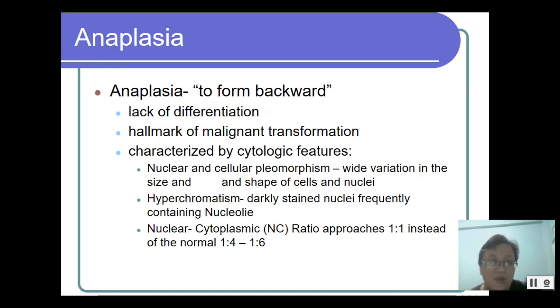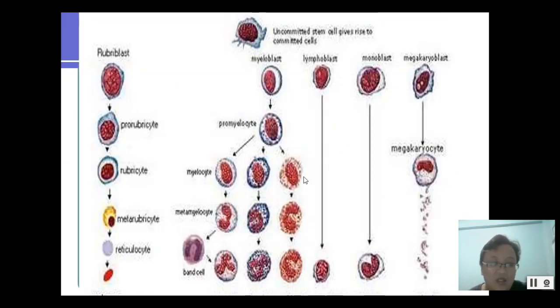For example, instead of seeing a normal RBC, you see lots of immature red blood cells. If you see a lot of these, or the younger blast cells in the neutrophils of the WBC series, you are considering a tumor of the blood, or leukemia.